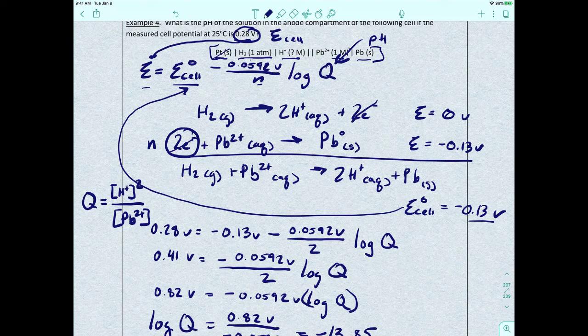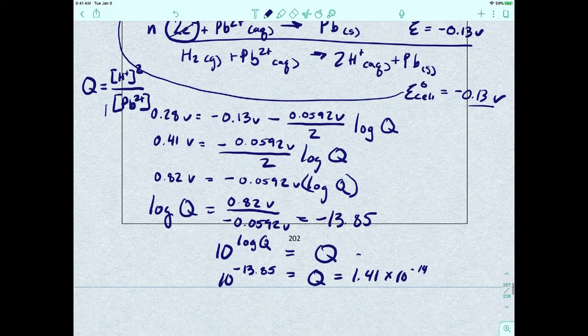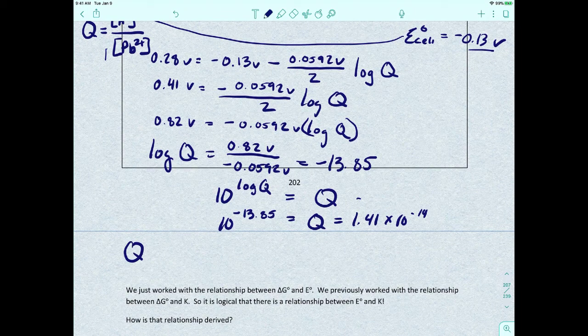Now, going back to the cell potential, you're told that the concentration of Pb2+ ion is 1. So if that's the case, if we replace this with 1, whatever the concentration of H+ is, squared divided by 1 is just going to be the concentration of H+ squared. So Q is going to be equal to the concentration of H+ squared. And so that's going to be equal to 1.41 times 10 to the minus 14th.